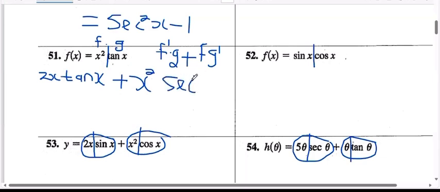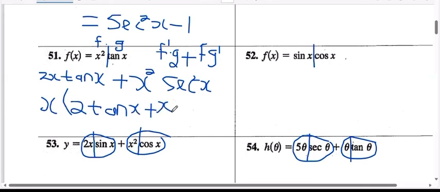Whenever you are done differentiating tan x by the standard rule, what I'm going to do is factorize what is common. So I can bring out x into 2 tan x plus x sec squared x.